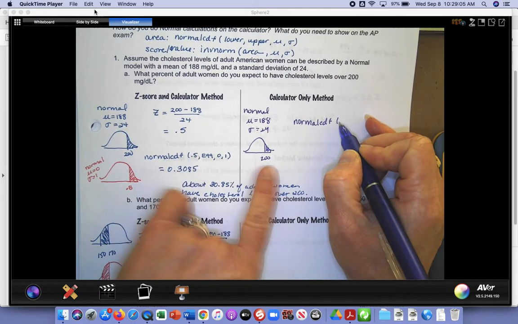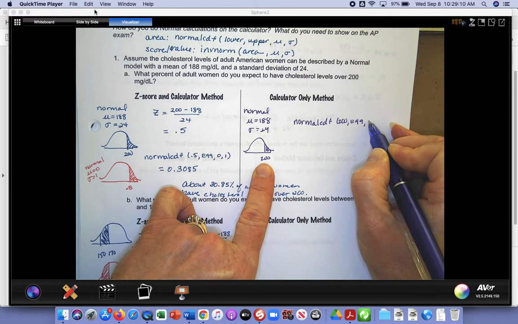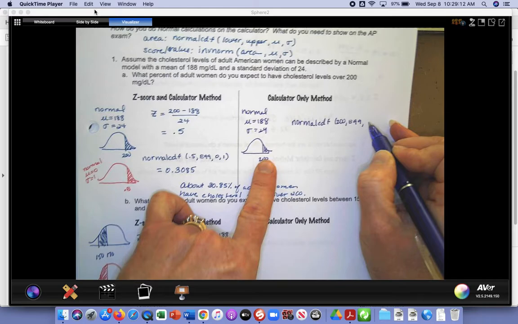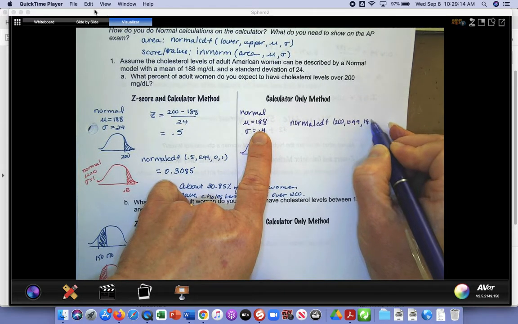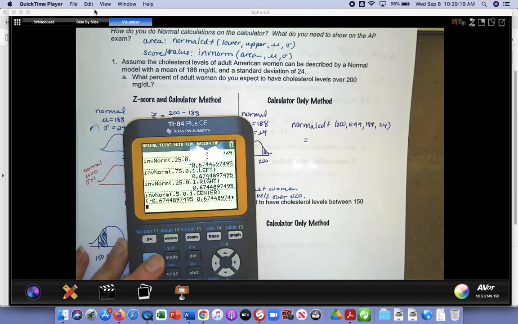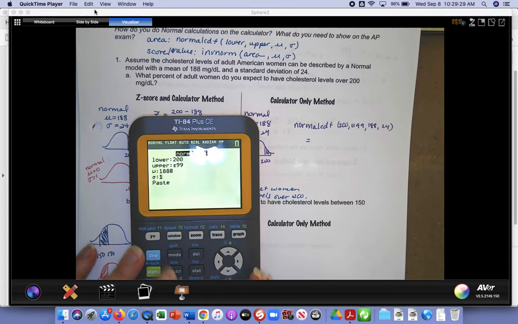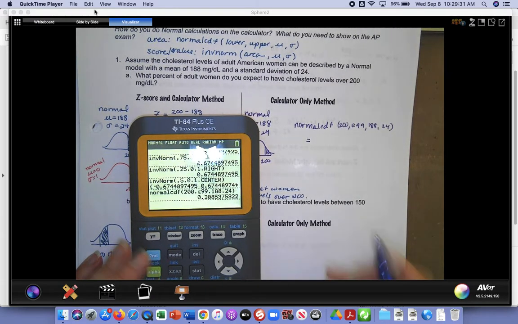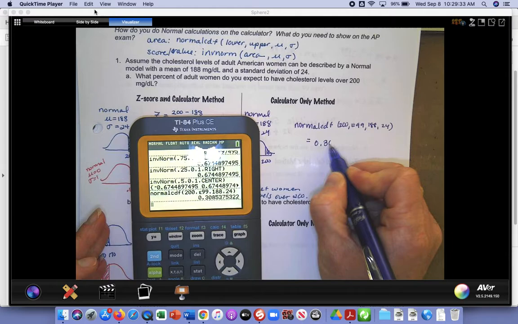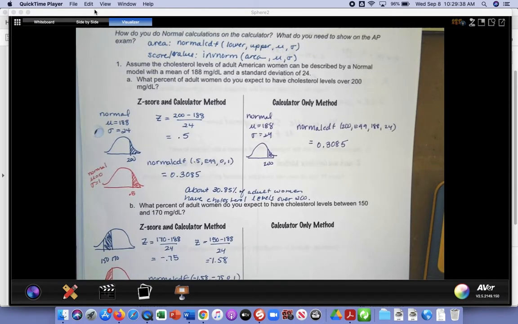So my lower bound would be 200. I would use that E99 for positive infinity. But I'm not using 0 and 1 because I didn't convert it. I'd be using 188 and 24. So I'd have 200, again that E above the comma, 188 now, and 24. So again, you'll get the same answer as before, but you didn't have to calculate the z-score.